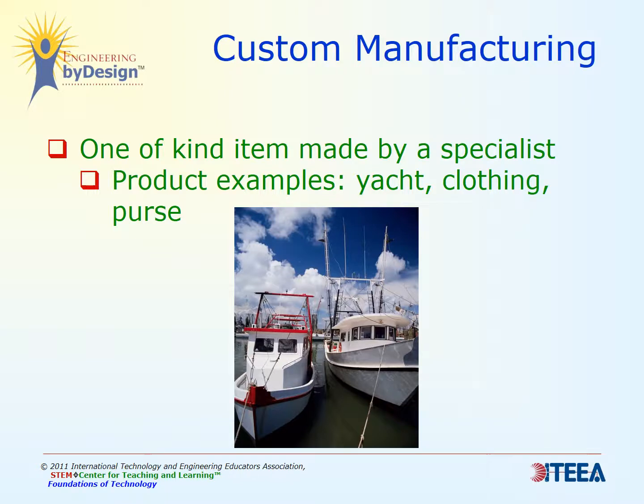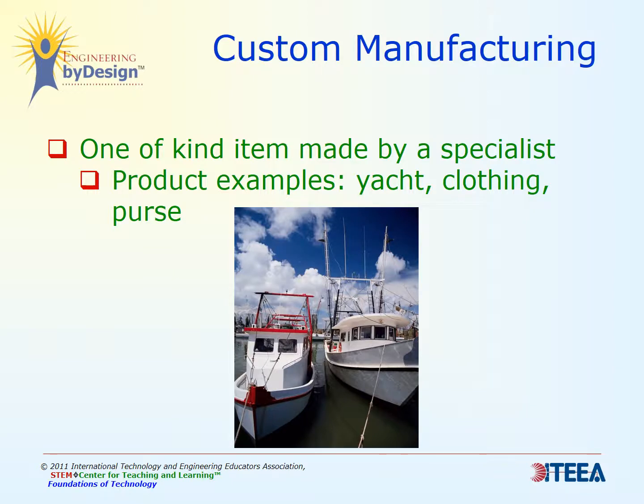A yacht will have some symbolism of a boat, but you're going to make extra stuff. It's going to be customized for that particular person. Clothing. When you have clothes that are special made for you, I don't know how much that's done on a regular basis.